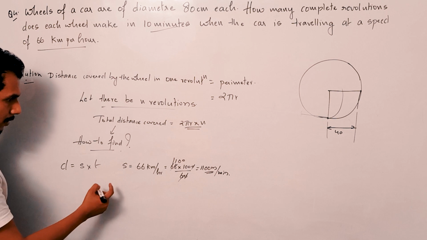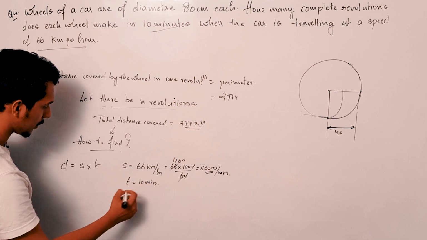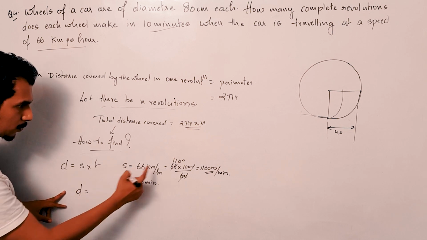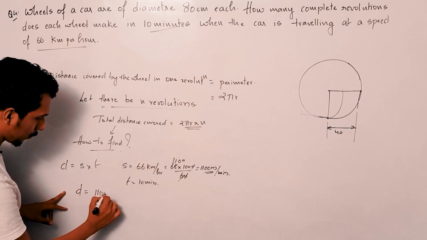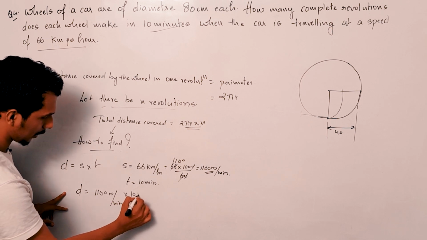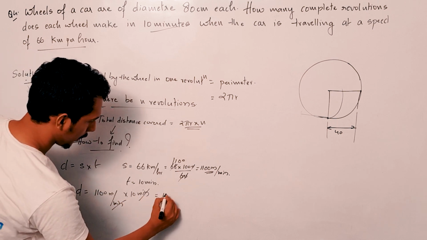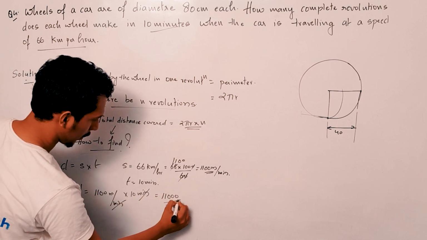My question is to find out, time is 10 minutes. In my question, time is given as 10 minutes. So distance is equal to speed, 1100 meter per minute, into 10 minutes. Okay, this minute cancels. You will have 11,000 meter.